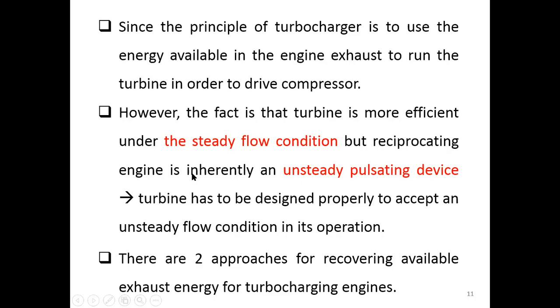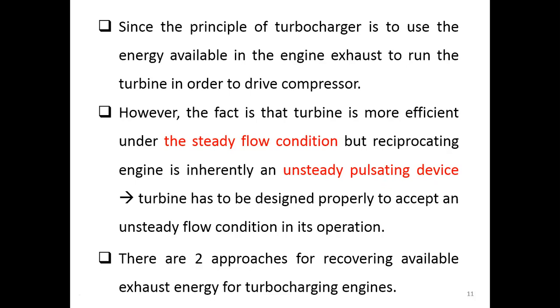We know that it is considered to be an unsteady, pulsating device. That means steady flow will never happen for the reciprocating engine, because the flow happens every time a cycle finishes, so we have on and off of the cycle all the time.